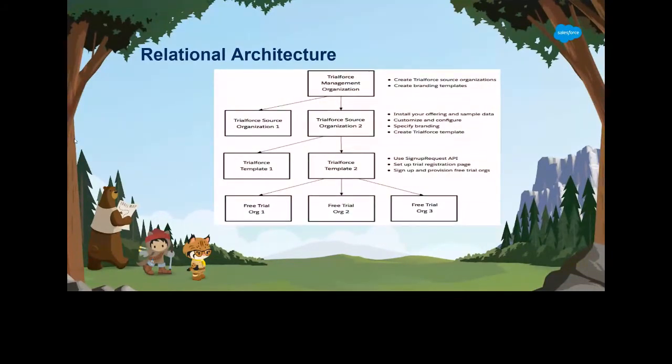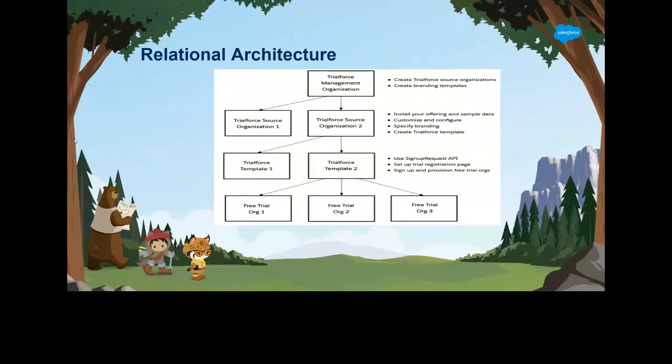So on the right hand side, if you see, use the sign up request API, set up the trial registration page and sign up provision free trial log. So this is another way of creating a Trailforce template. There are two ways you can create it: using the point and click way, and you can use the API as well.